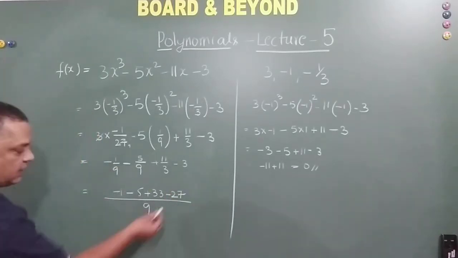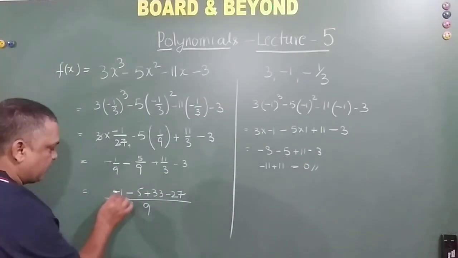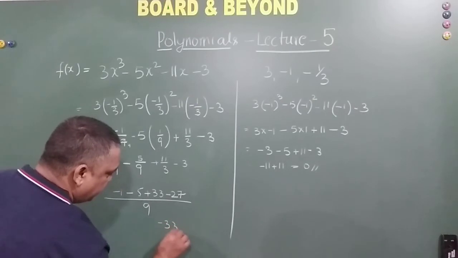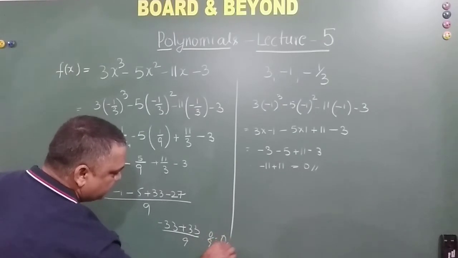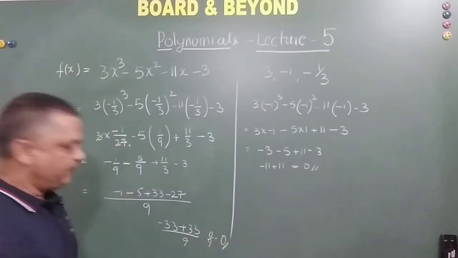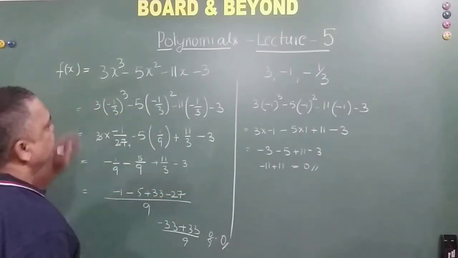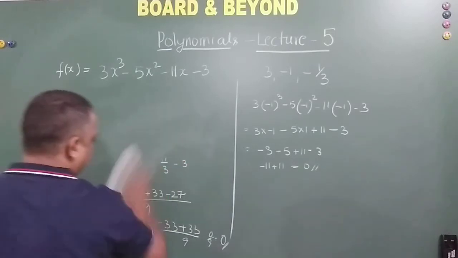Now when we add this, 27 plus 5 is 32, 32 plus 1 is 33. So minus 33 plus 33 divided by 9, which is equal to 0 by 9, which is also equal to 0. Okay, so you are getting it. So we have verified that these three are the roots, correct?